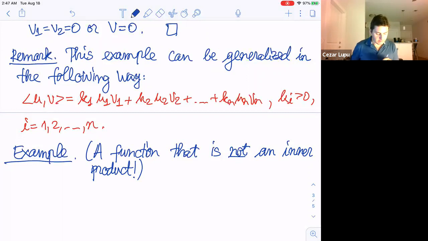Let's modify the previous example, but this time we're going to consider something in R3. So this is example 3.